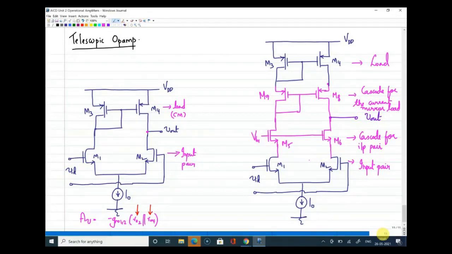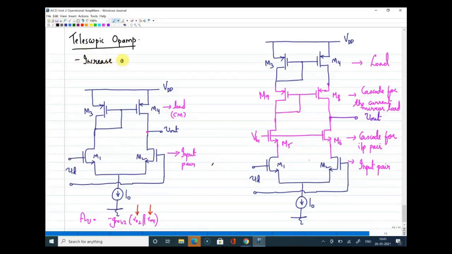That is why we call this op-amp a telescopic op-amp, because we know in a telescope, to see objects at a far distance or to use the telescope properly, we extend the structure of the telescope, right? Here too we extend the structure to have more gain.